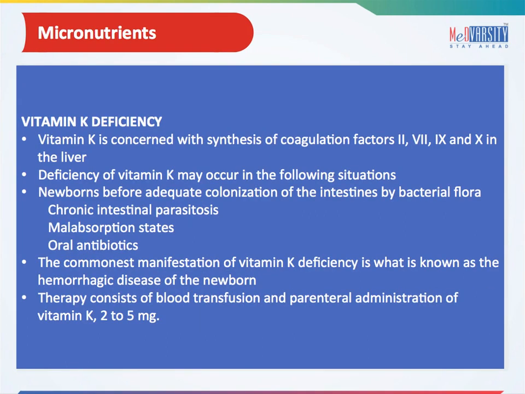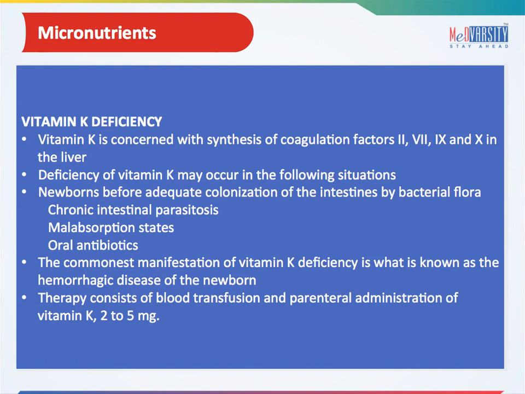Vitamin K deficiency. Vitamin K is concerned with synthesis of coagulation factors 2, 7, 9, and 10 in the liver. Deficiency of vitamin K may occur in the following situations: newborns before adequate colonization of the intestines by bacterial flora, chronic intestinal parasitosis, malabsorption states, oral antibiotics.